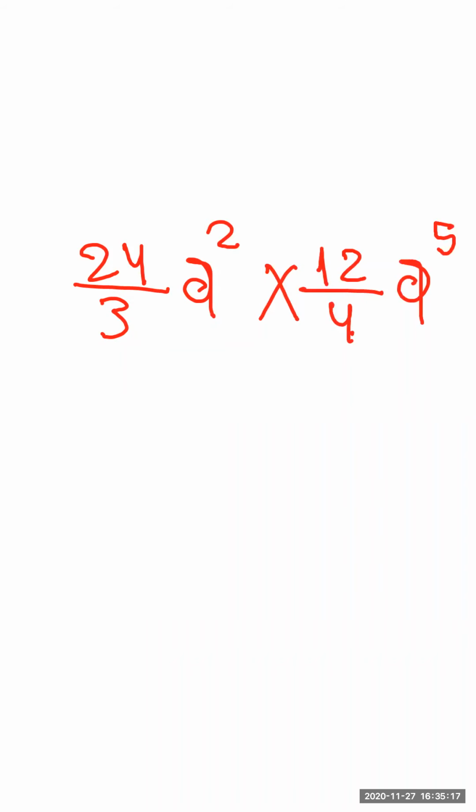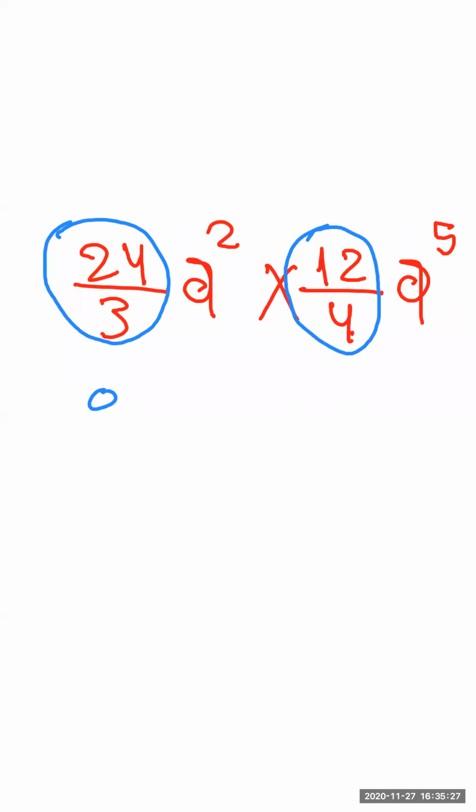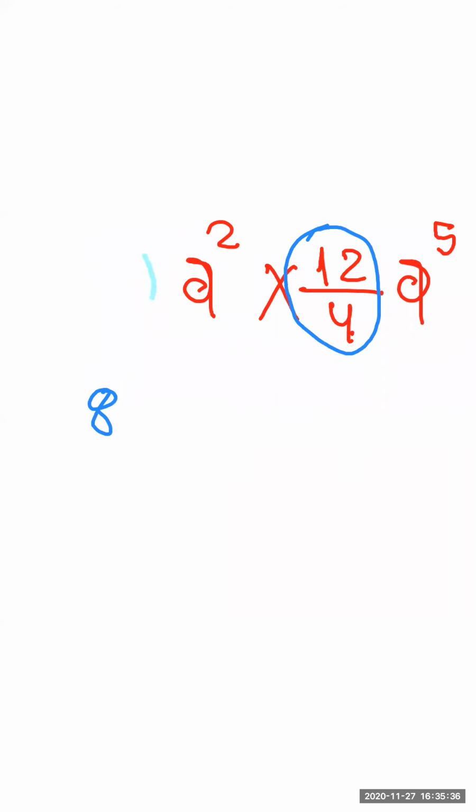Okay, so it will be the same, no problem. I will just multiply the coefficients, but you just gave me fractions where 24 over 3 means 8, you know? So let's change it to different numbers so that we can solve it properly. Also 12 over 4, yes, we can simplify this.